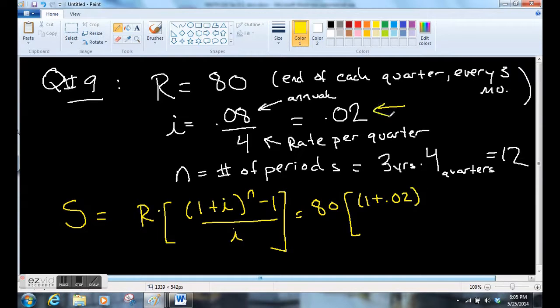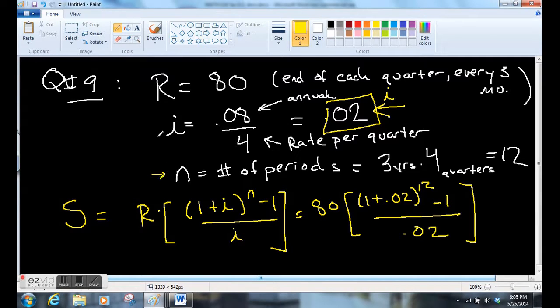Because our interest rate is quarterly, the quarterly interest rate, that's I, raised to the n, which is 12 minus 1, all divided by 0.02. So in this problem, I think finding n and I is the little tricky part. So this all is $1,072 and about 97 cents. So approximately, that little dot means approximately.